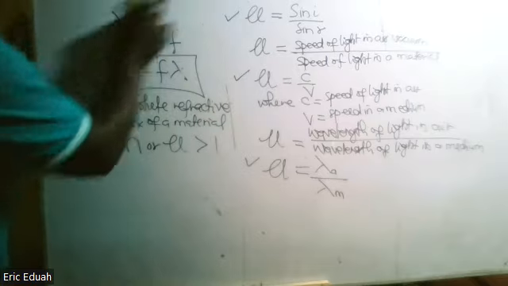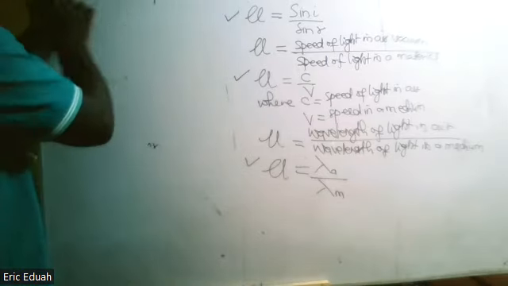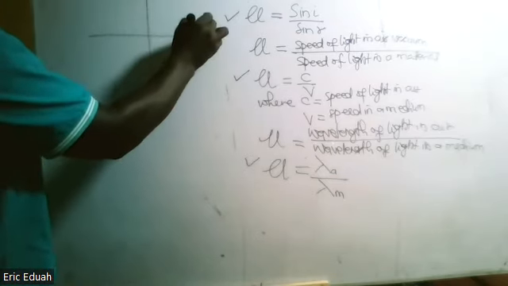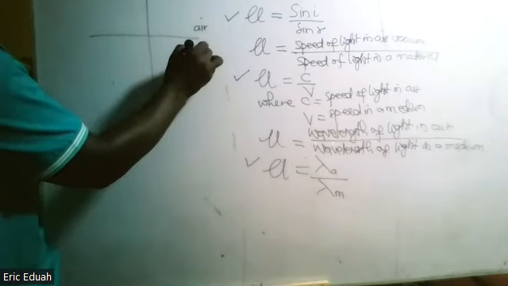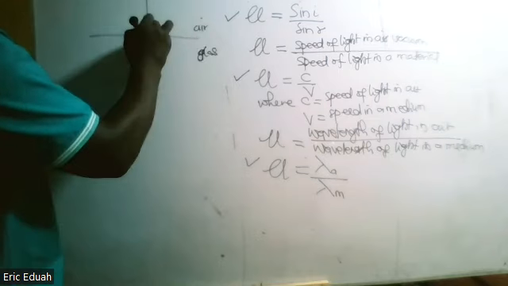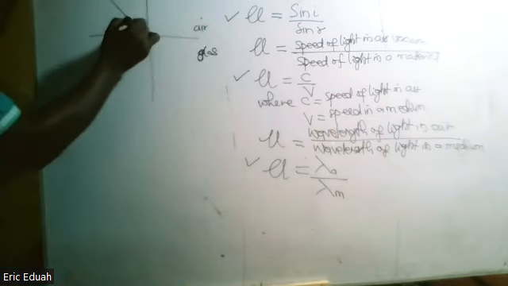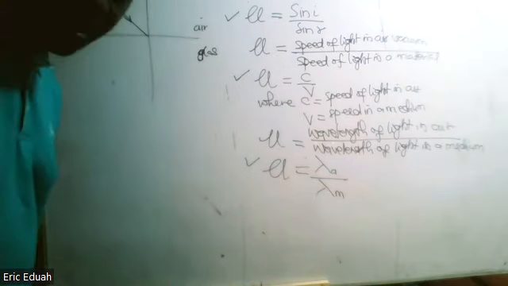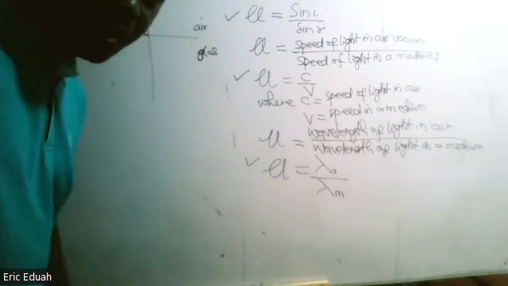Looking at the first one, Snell's law: air, because we are talking about absolute, then a medium, maybe glass, water, whatever. The deviation of the refracted ray, will it be away from the normal or towards the normal? Towards the normal.